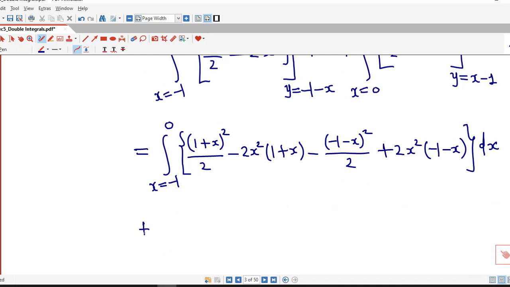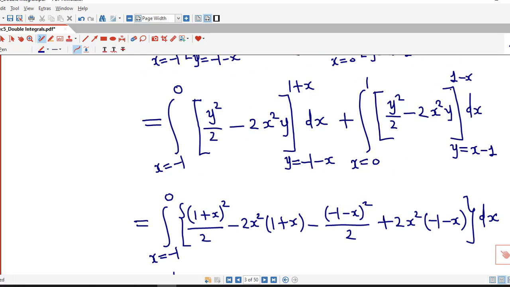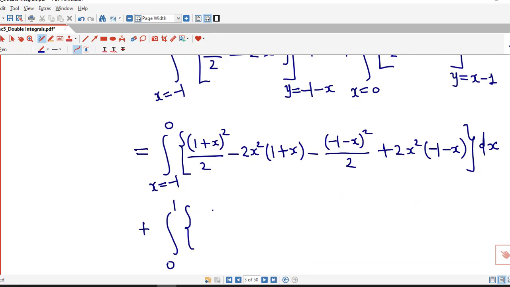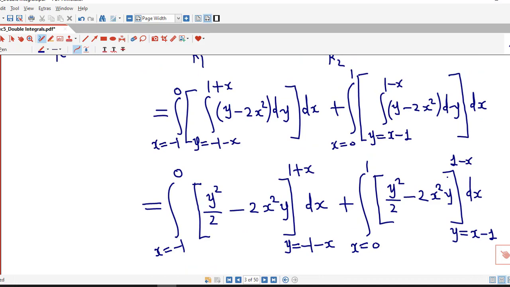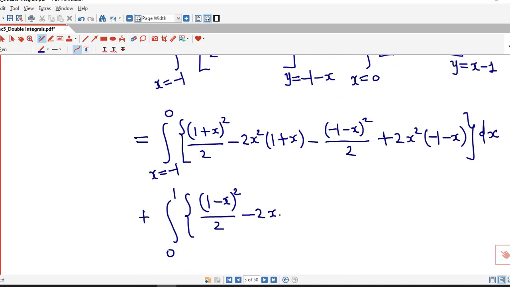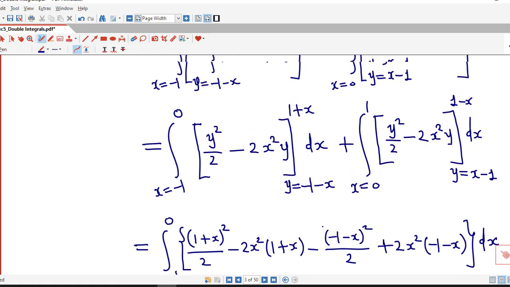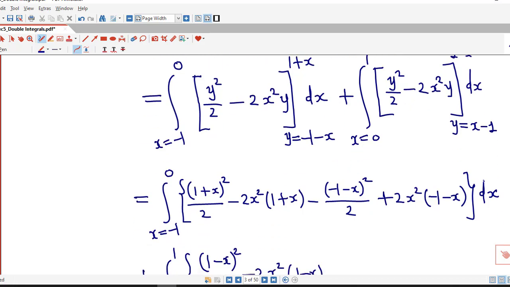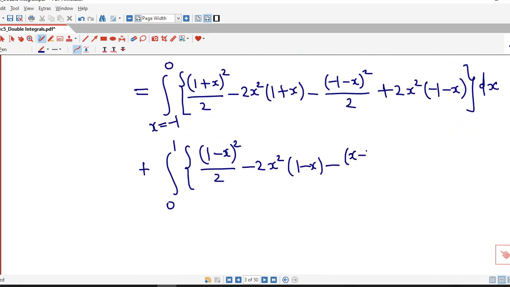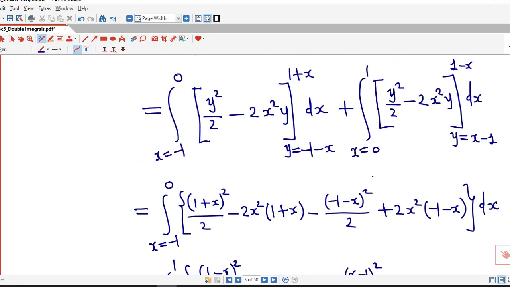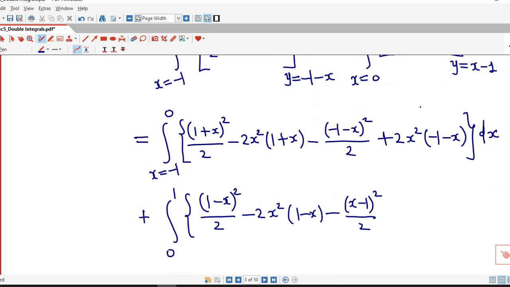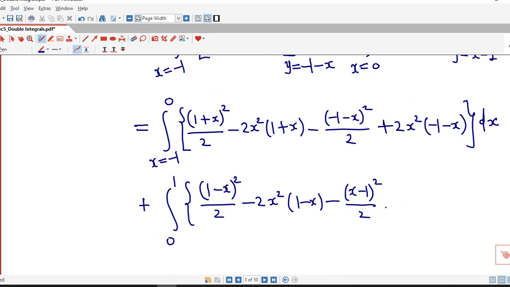So plus integral from 0 to 1, y square by 2, upper limit for y is 1 minus x, so 1 minus x whole square divided by 2 minus 2x square into 1 minus x, minus, y is x minus 1, so minus x minus 1 whole square divided by 2 minus minus plus 2x square into x minus 1 plus 2x square into x minus 1, and then the integral is with respect to x.